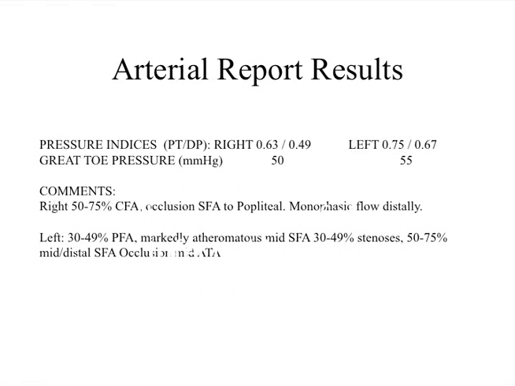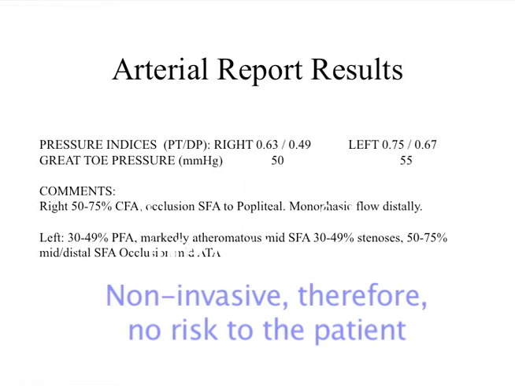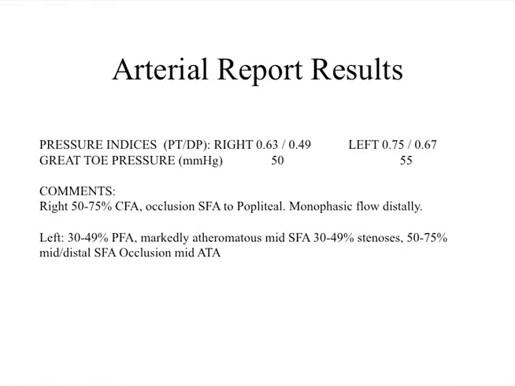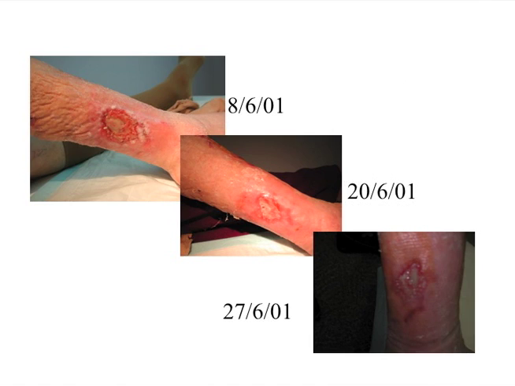These tests are non-invasive and do not involve any risk. However, once they've been performed and it's been demonstrated that either arterial disease is present or is not present, this underlying problem can be addressed in an attempt to get the ulcer healed appropriately. As we can see in these diagrams, ulcers will heal relatively rapidly once the leg has been revascularized.